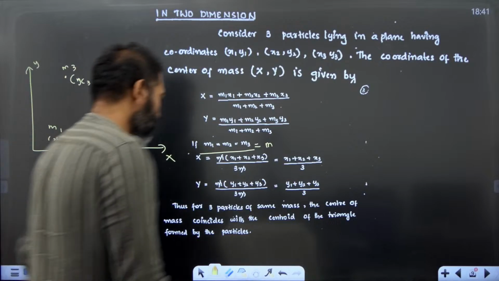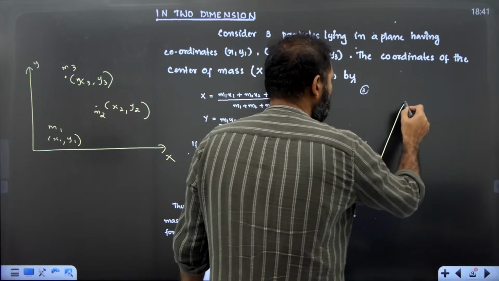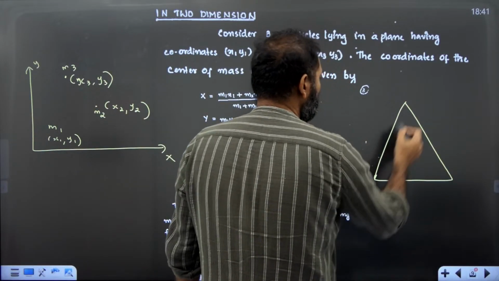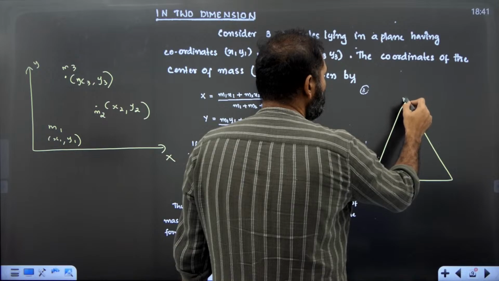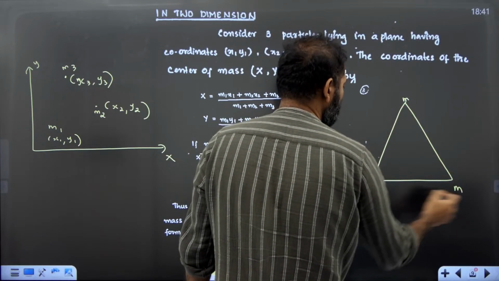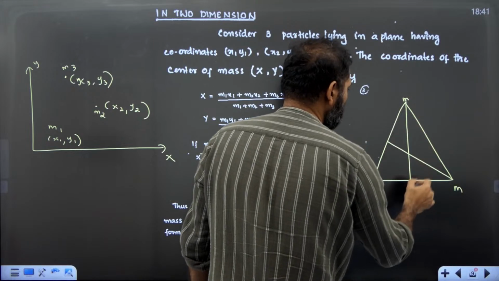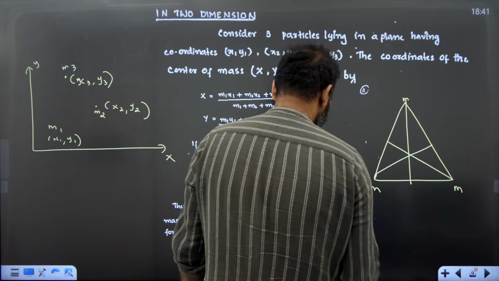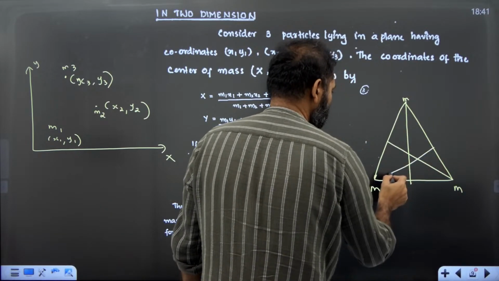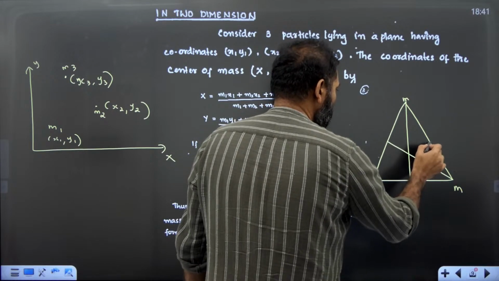Now remember, if these three equal masses are at the three corners of an equilateral triangle, then what will be the position of center of mass? It will coincide with the centroid of the triangle.